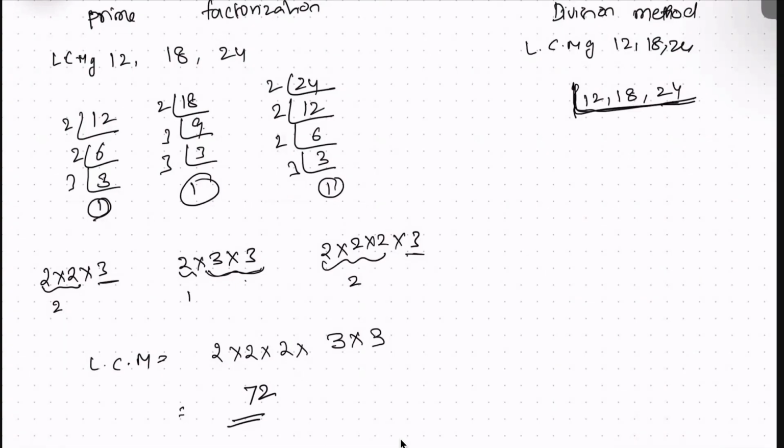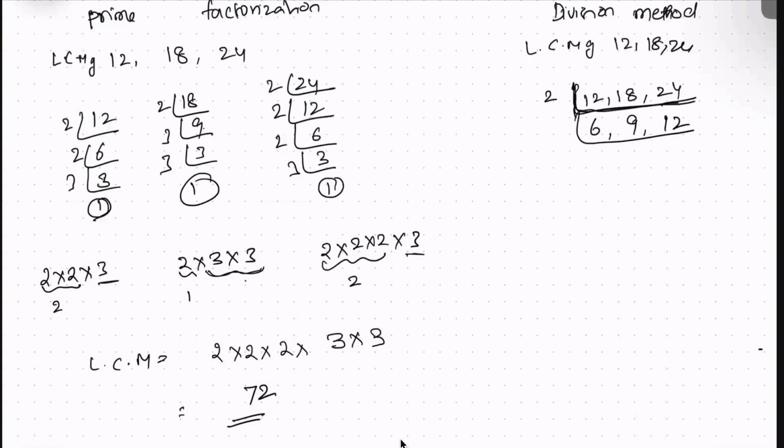So in this case I select 2. 2 can divide 12, 18, 24, right? So when I use 2 to divide all the numbers, I get 6 for 12, 9 for 18, and 12 for 24.